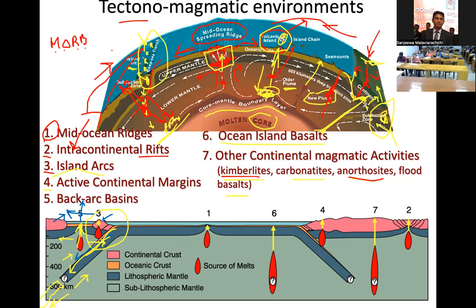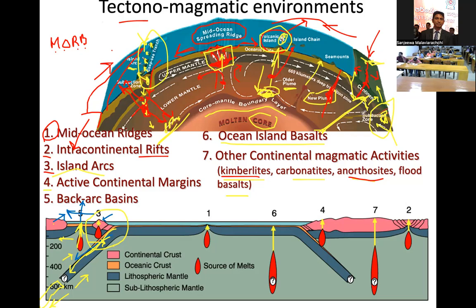Flood basalts means some basalts make some regional distribution, especially within the continents, continental zones, and they form kind of layered type of basaltic rock units, right?